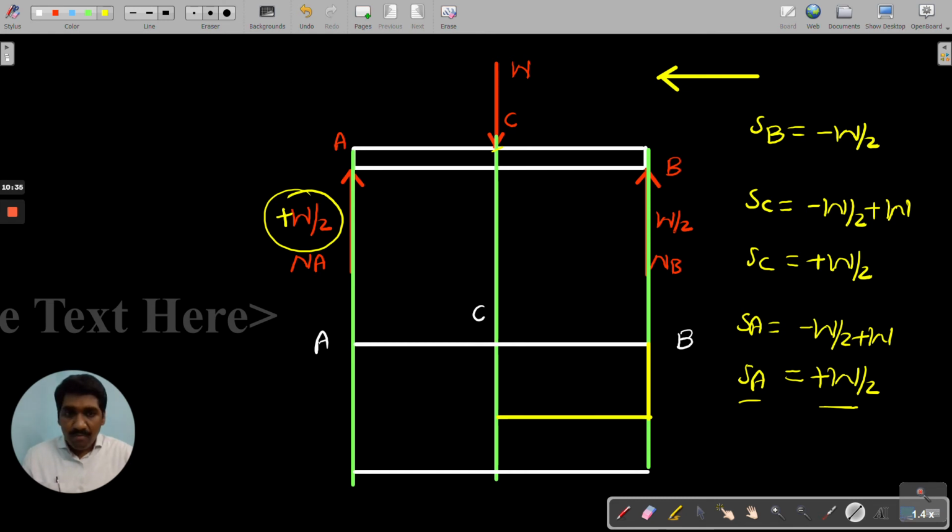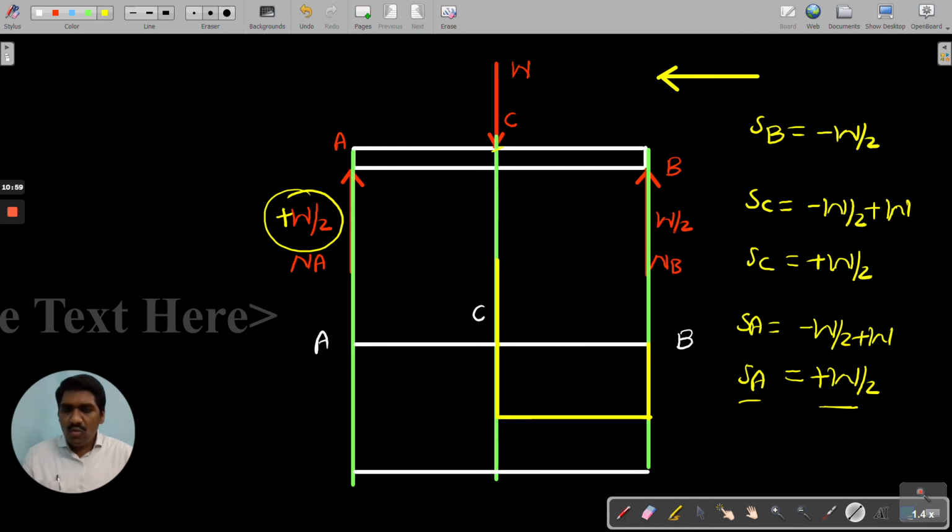Between B and C there is no load at all. Therefore, there is no change in the shear force diagram, all of you. But after coming to the point C, because of this W, the load has been changed from minus W by 2 to plus W by 2.